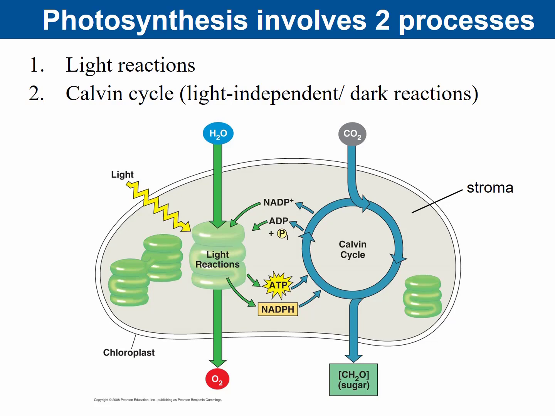Additionally, we're going to use the energy from sunlight to create some ATP. And that's because the light is going to give energy to that electron transport chain, which, just like in cellular respiration, can be used to make ATP. And then the ATP and the NADPH are going to go into the Calvin cycle. And this can take place in the stroma.